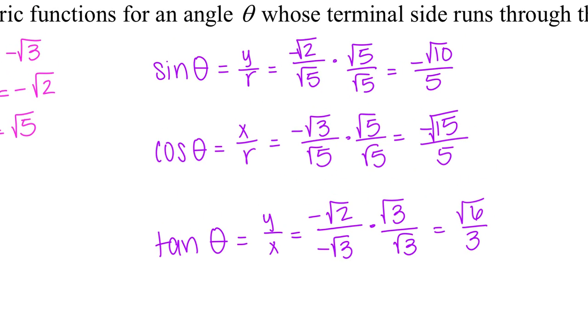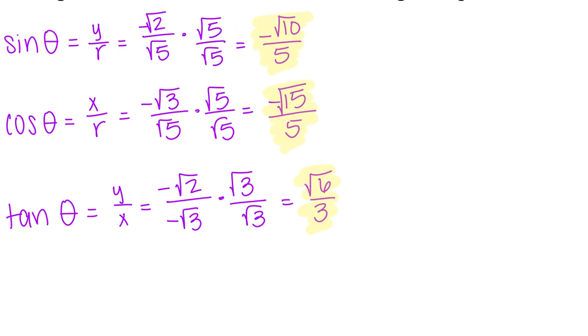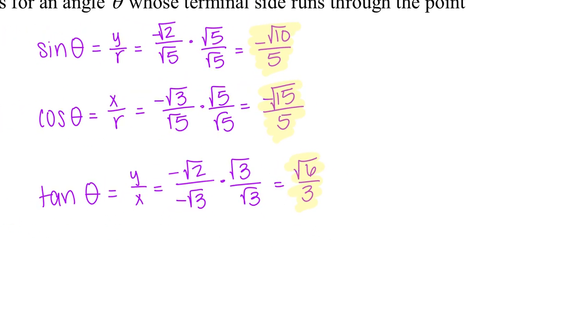So those are my first 3. And going ahead and doing the reciprocals. So now I'm going to have cosecant theta, which is r over y. And I'm using the square root of 5 over the square root of 2.